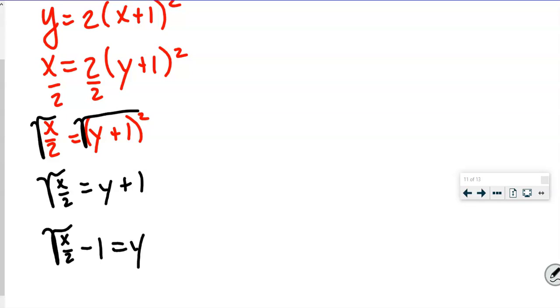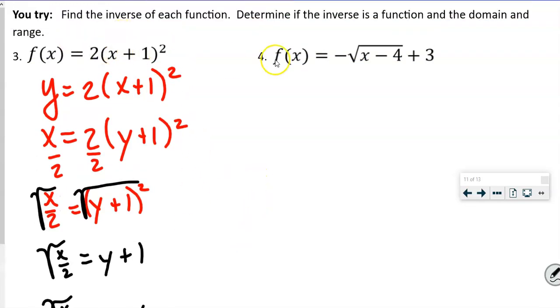Okay, so here's my question. So we originally had our domain here is all real numbers, right? So once again, when we square any number, what does it become? Positive, right? So our x values are going to be, or let's just say our domain. Let's do it that way. Our domain is going to be all real numbers, right? But what about our range? Isn't our range going to be y is going to be greater than or equal to 0?